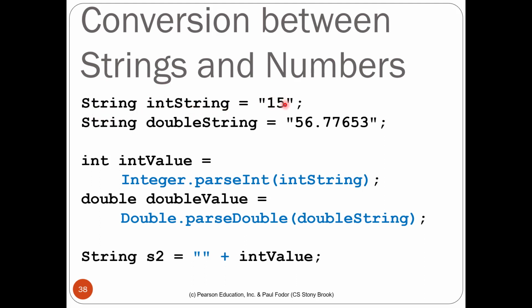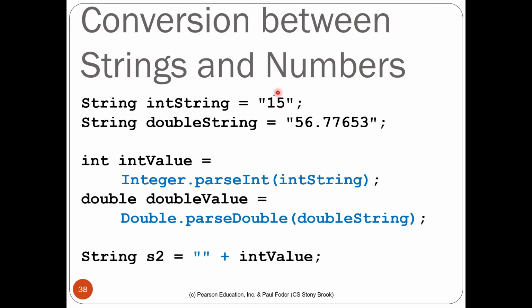So 15 here is not an integer literal, it is a string literal which represents an integer. This is a string that has two characters in it. The first character is the numeric character 1, the second is the numeric character 5. I should not even call it 15 because it's a string; it's a string that has the characters 1 and 5.